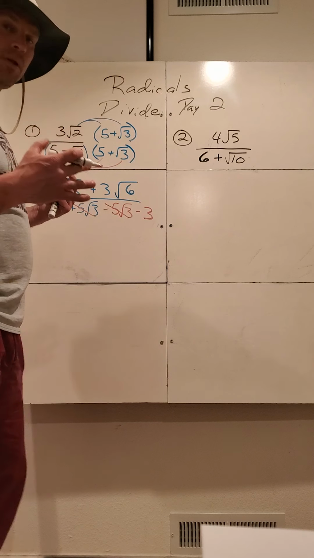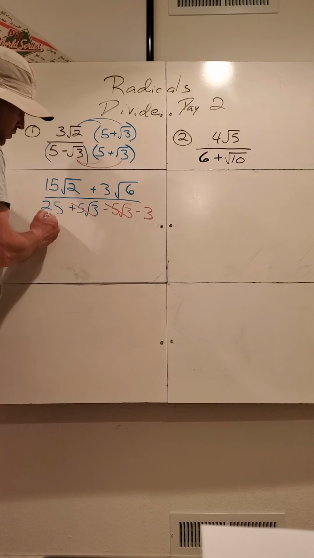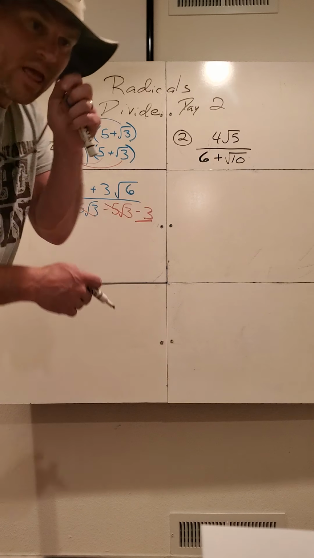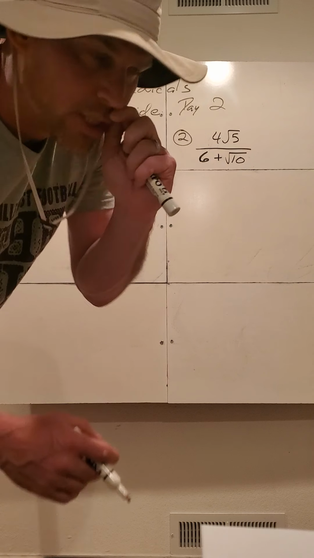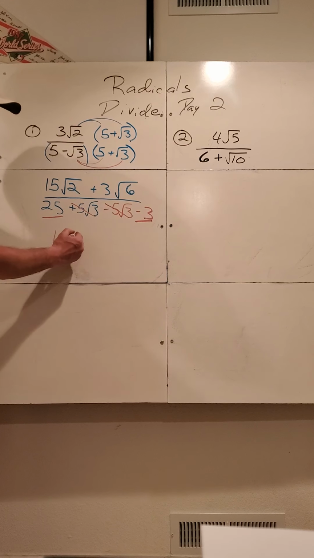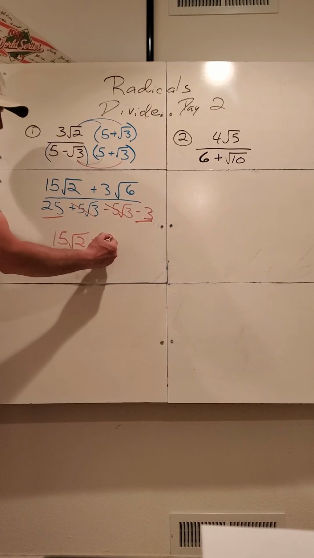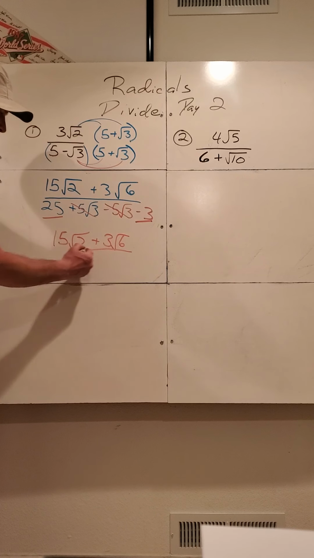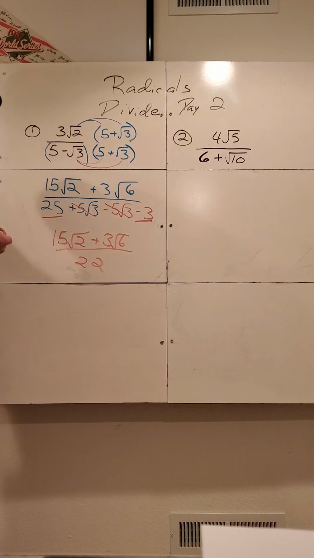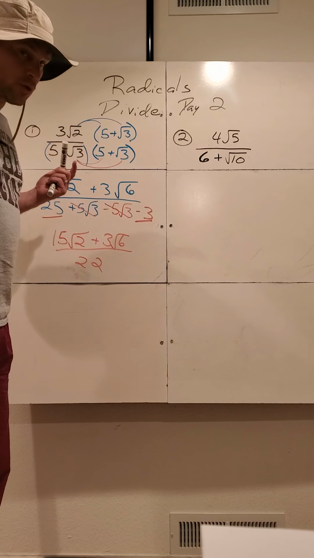That will always happen. When you're done with the conjugate work, there should not be any radicals left in the denominator. That's the whole point of the conjugate. Simplify the top if I can. Can't. 25 minus 3, 22. That's all she wrote.